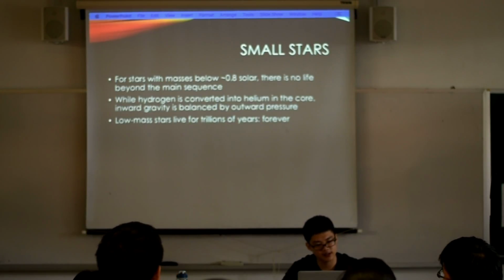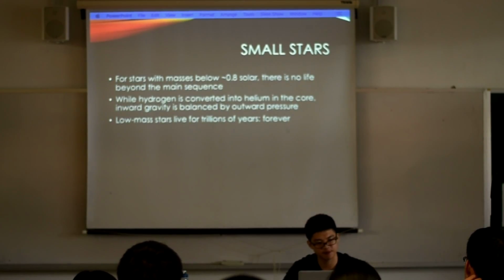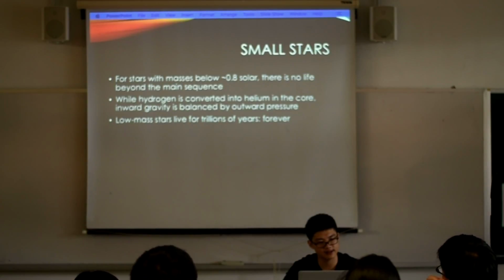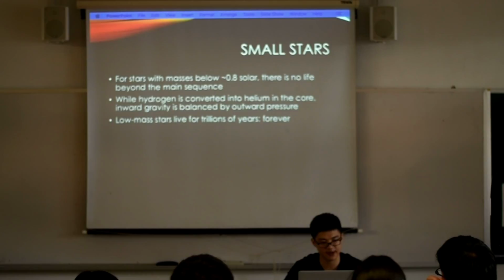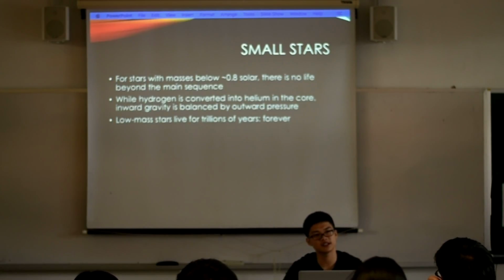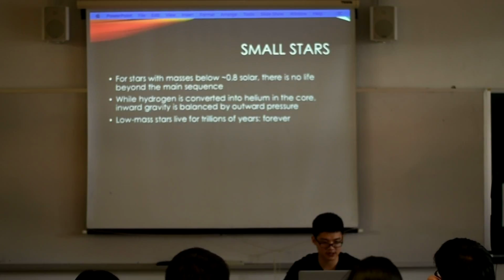Now we separate the stars into different masses. Small stars are commonly considered as those with a mass below 0.8 solar mass. There is no life beyond the main sequence, because low mass stars, by theory, will live for trillions of years, which is obviously larger than the age of the universe and larger than the predicted lifespan of our universe.